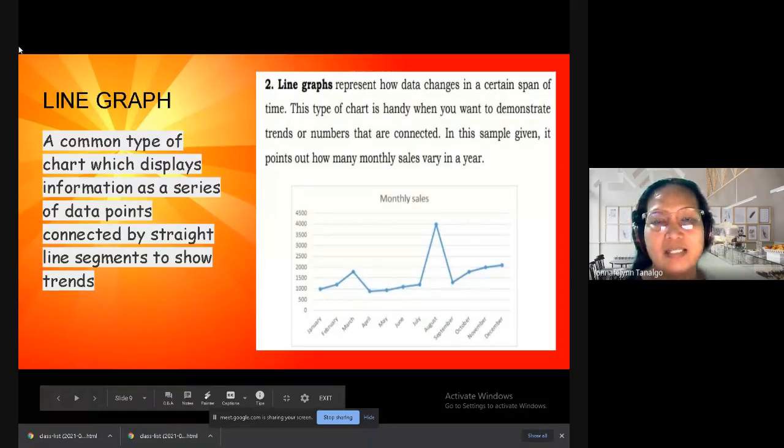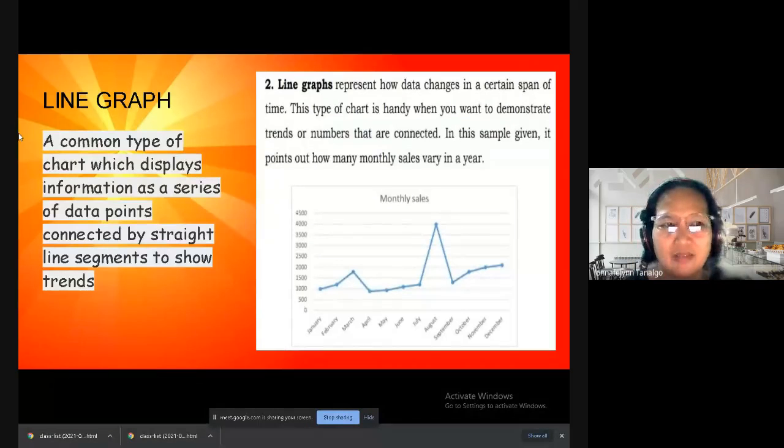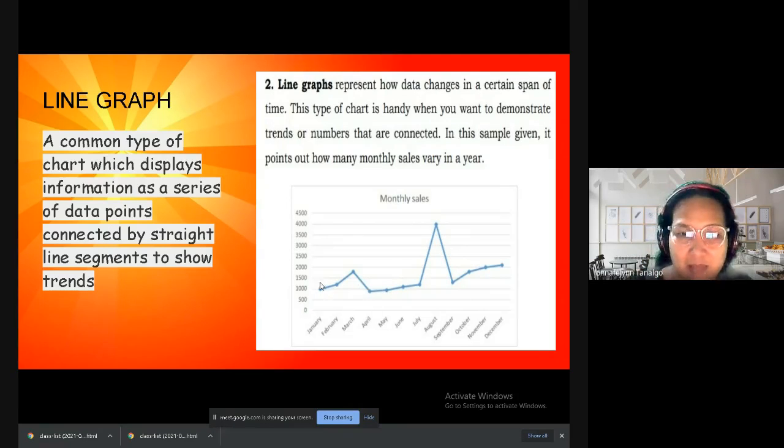The second one is a line graph. What is a line graph? It is a common type of chart which displays information as a series of data points connected by straight line segments. There are lines and segments to show trends, right? In the sample given, it points out how monthly sales vary in every year.